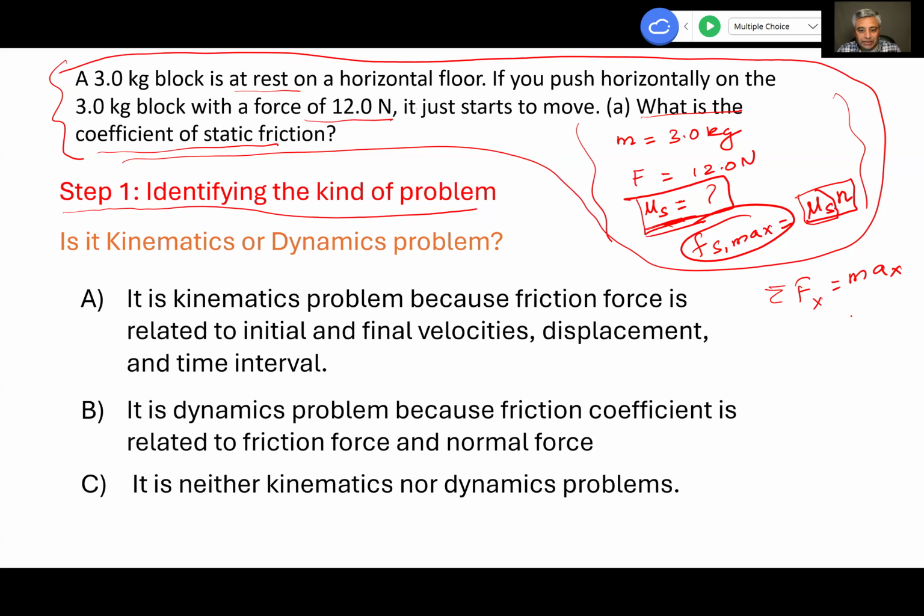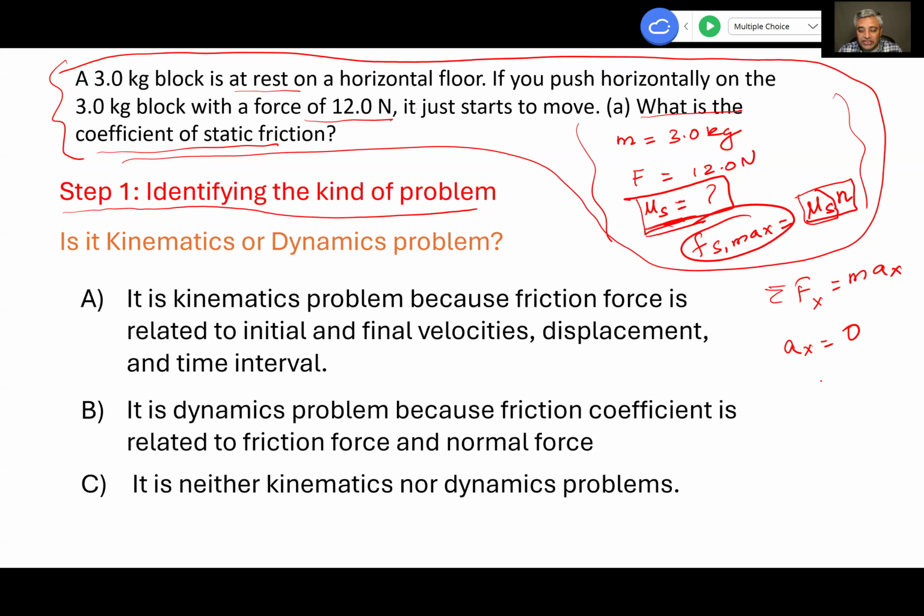So that's the way to do it. And by the way, here it says it just starts to move. So that means it's not already accelerating, so we can say the acceleration in the horizontal direction is 0. So it's a relationship between force, mass, and acceleration, which is dynamics basically, right?